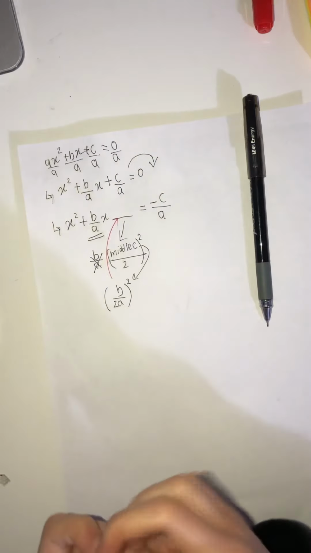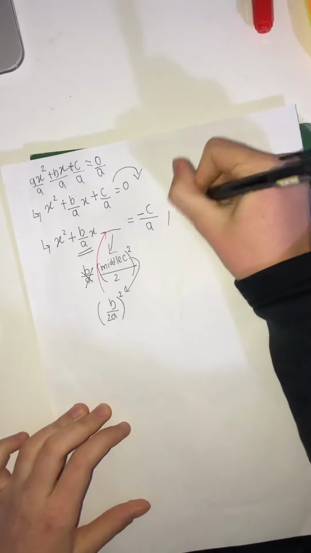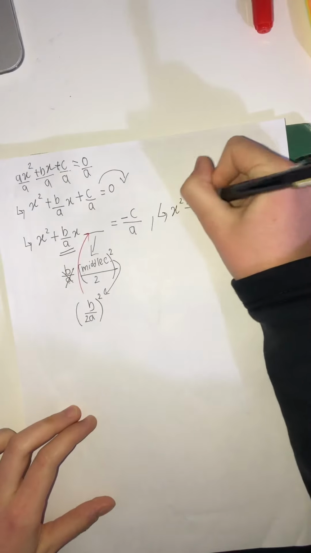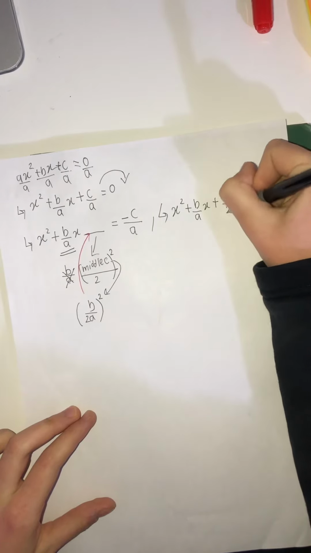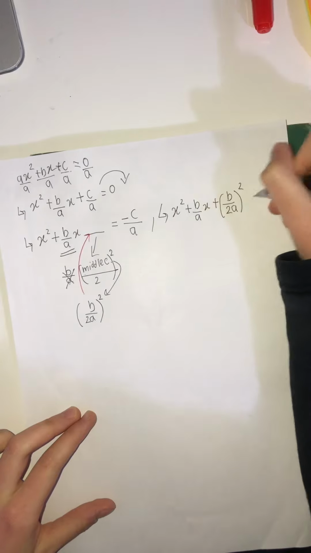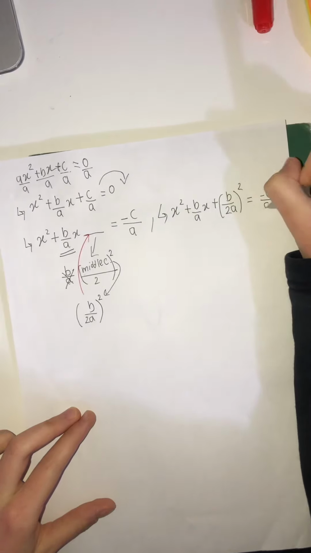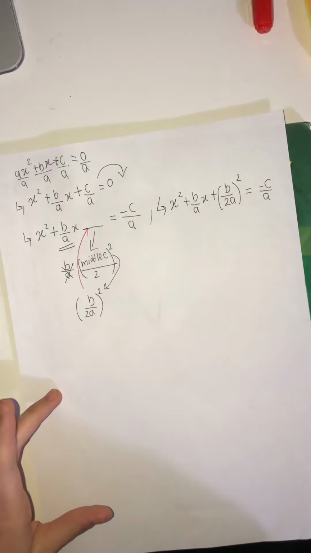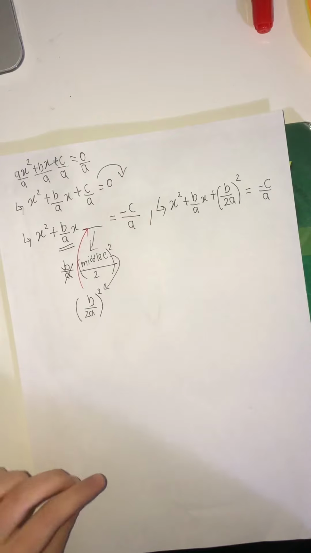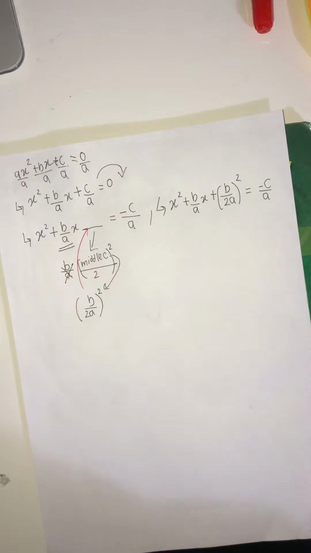So we have reached this: x² plus b over a x plus (b over 2a)² equals negative c over a. And what we do is make this one group, like factoring by grouping.